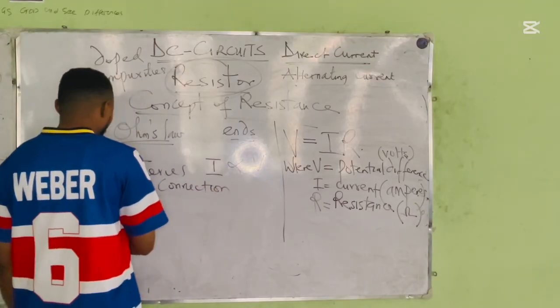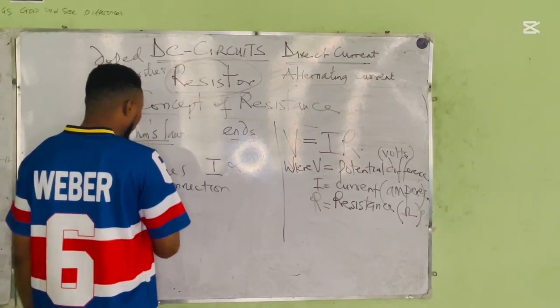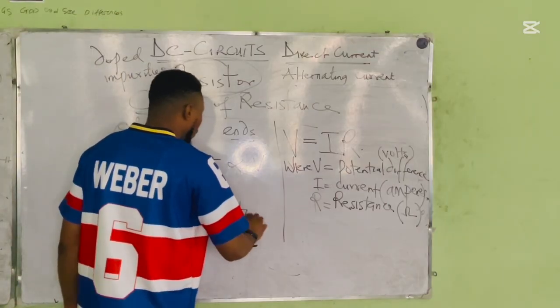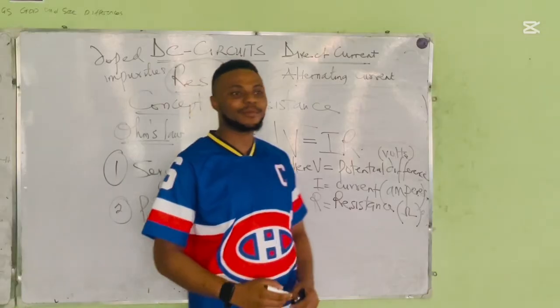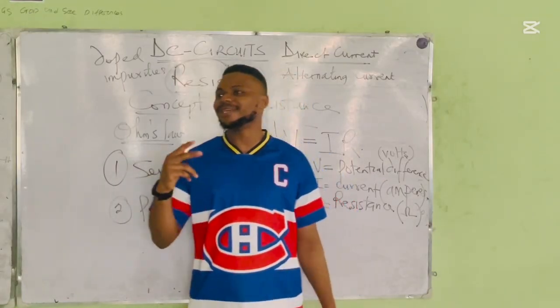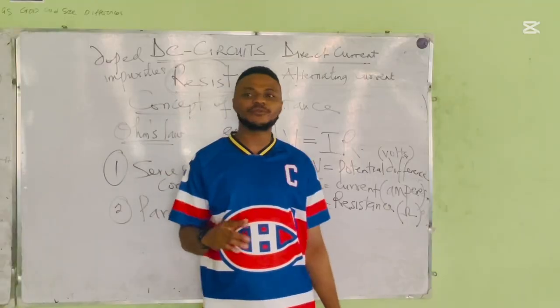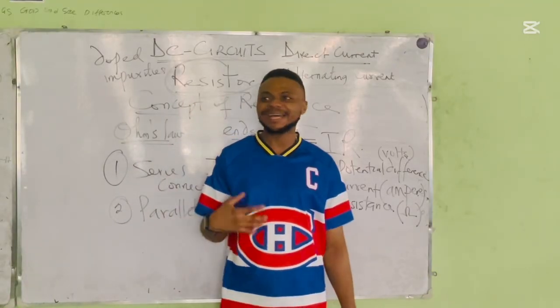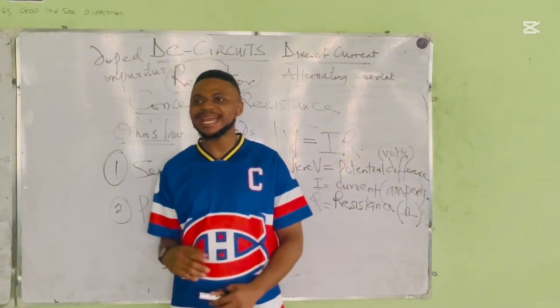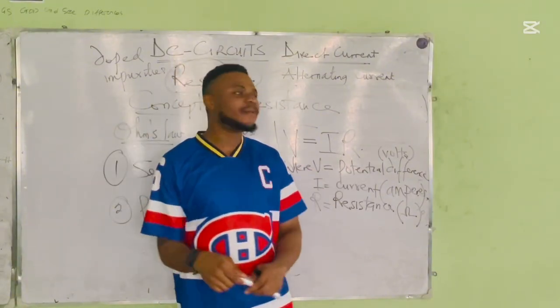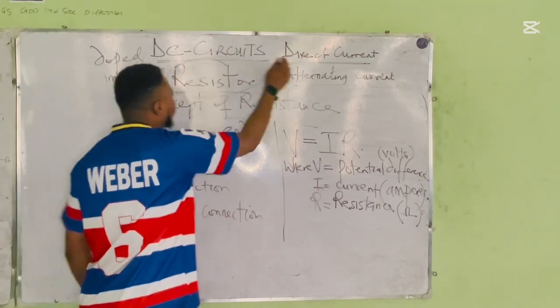Number one is what we call the series connection, and number two is what we call the parallel connection. We are going to be looking at these two different ways of connecting resistors in a circuit and how they apply to the overall development of DC circuits.